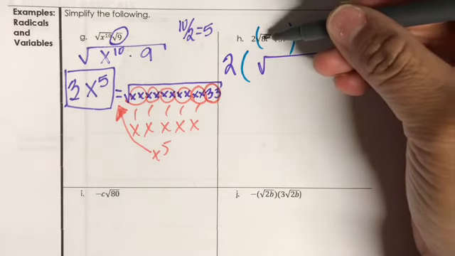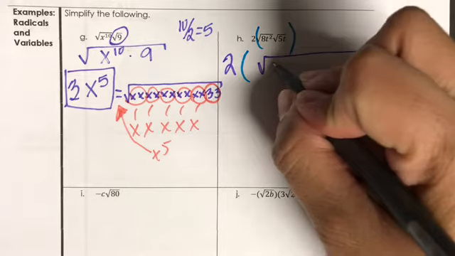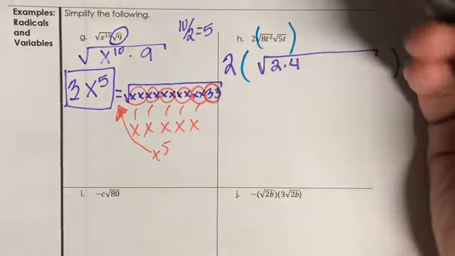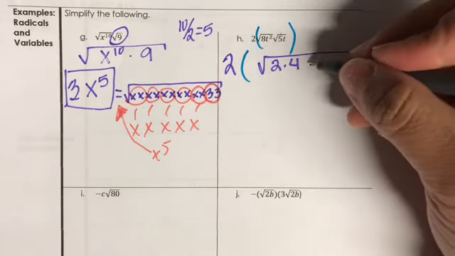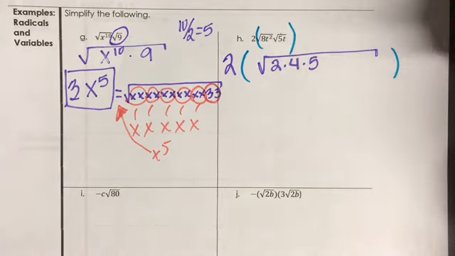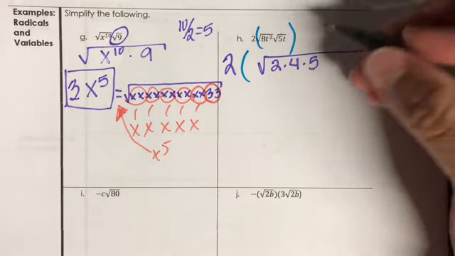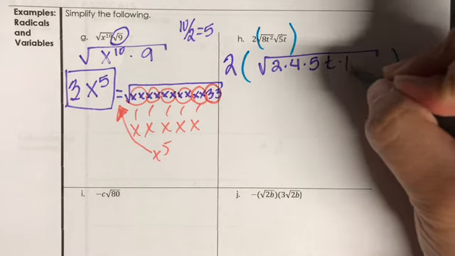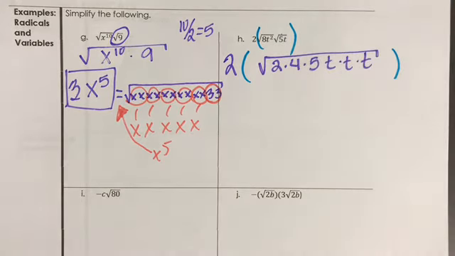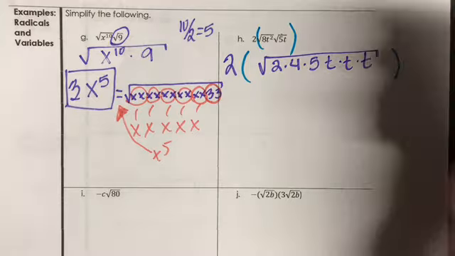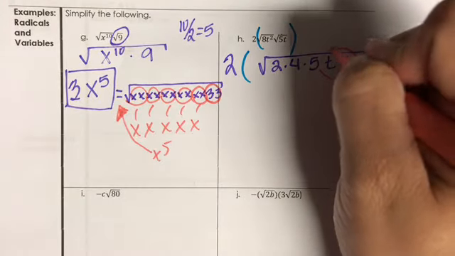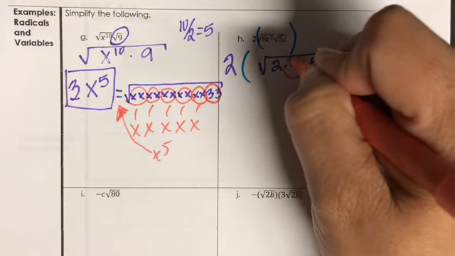I'm going to find the perfect square in 8, so it's 2 times 4. We're going to bring the 5, because I want to write all the numbers ahead, and then I'm going to take all the t's and I'm going to expand them. I'm going to find my pairs, or my perfect squares. I have a pair here, and I have a perfect square here.